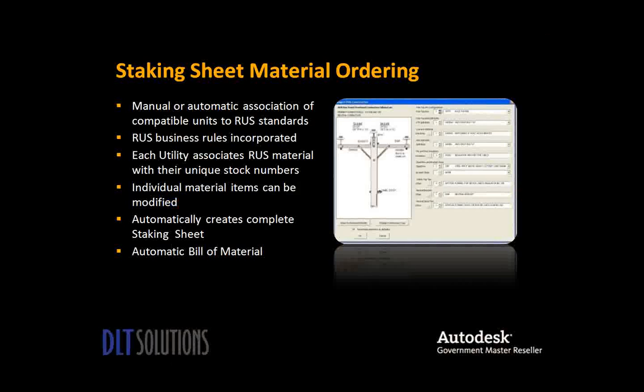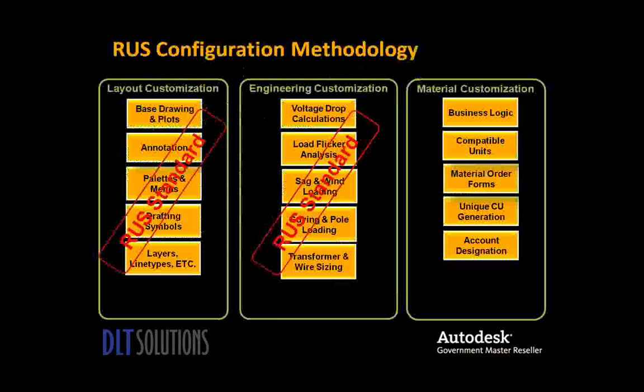Now, looking at the methodology, as we've done in the past, an extreme amount of configuration is required for that business logic, the compatible units, and so forth. But when we have the RUS offering, it's all built into it. The business logic built into it may not quite match what you and your individual utility require, but it's to RUS standards.